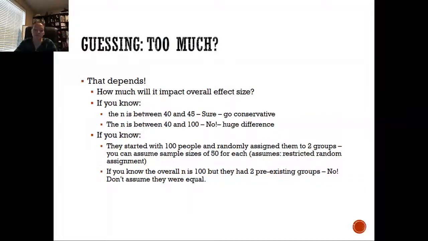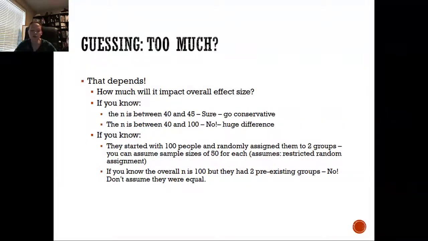So you might find an article like one of the ones from the homework this past week. At the bottom, they reported the range of the N from 140 to 146. If you have that sort of N, you can go ahead and guess. I would always go with the conservative number.